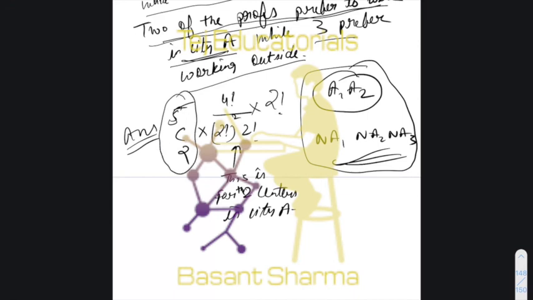Then I have 4 professors with me: A1, A2 and 2 out of these 5. So form 2 groups, dividing them into 2 groups of group size 2. These are the number of ways in which you can form the 2 groups, right? Now you distribute those 2 groups amongst the 2 centers in 2 factorial ways.